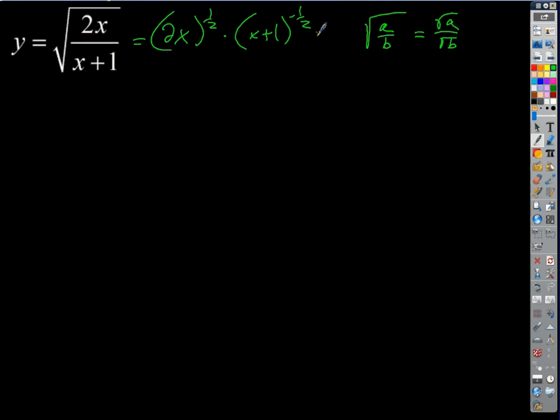We could think of this as the quantity 2x divided by x plus 1, to the 1/2. Then our first step would be a power, and our second step would be a quotient. Make sense? Okay? We've already done a couple of them like this, but why don't we just do this one as a quotient problem? So there's how we're going to start.